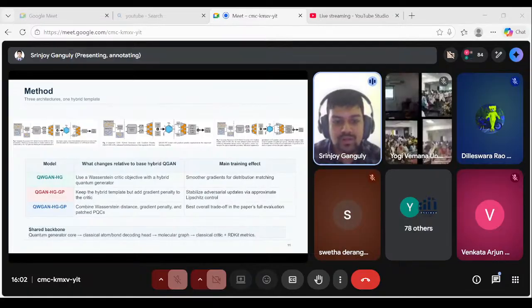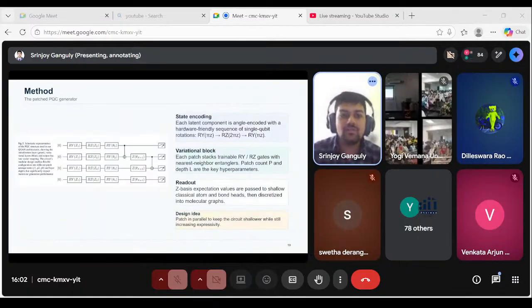And then what we do is we make patches of these. Patches means we divide this into parts of two qubits each. Only the first and second qubits, that's called one patch. Then another two-qubit set is another patch, and then there can be patch 3, patch 4.